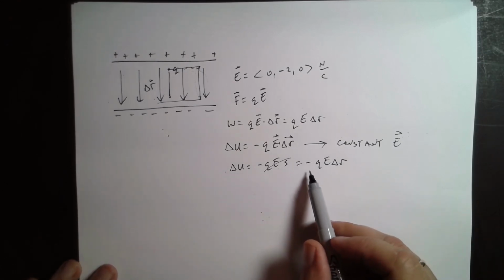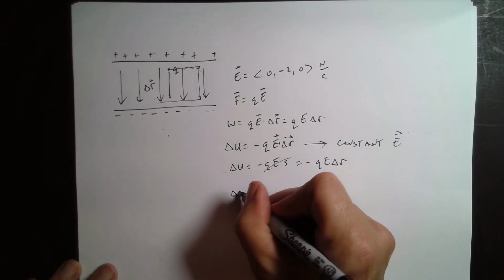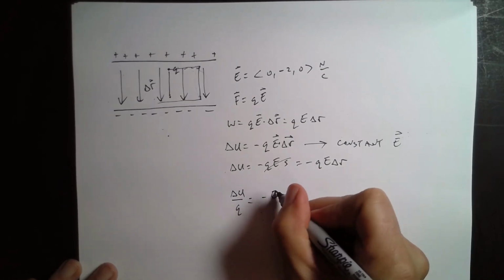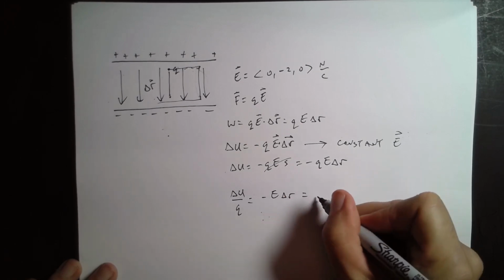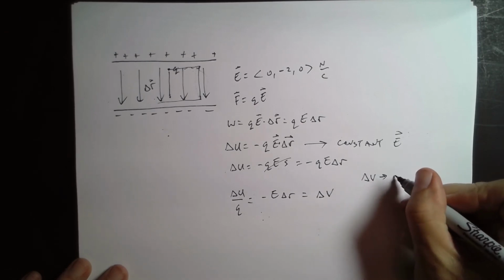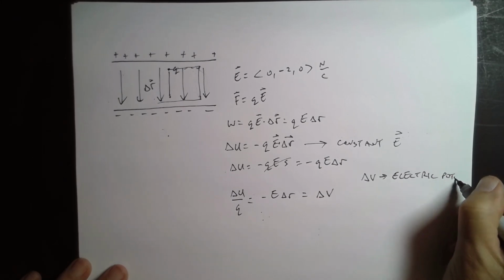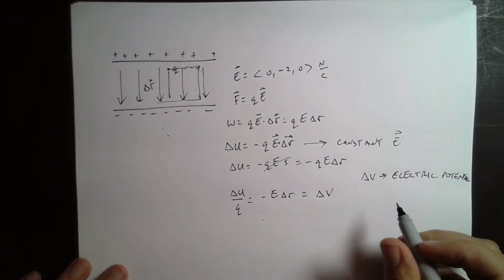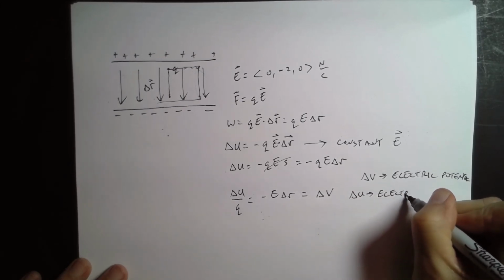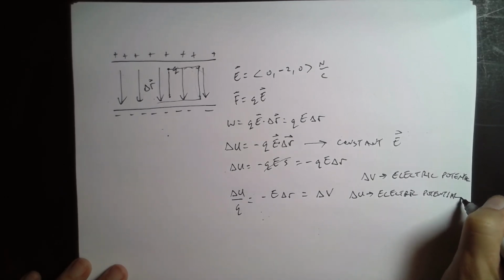Now what if I take that electric potential energy, delta U, and divide by that charge Q? I would get negative E delta R, and we call this the change in electric potential. So we have two things: delta V, electric potential, and delta U, electric potential energy.